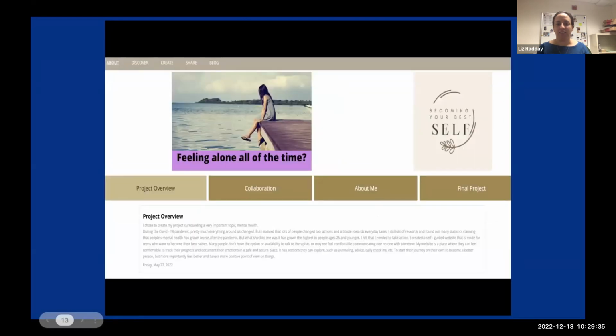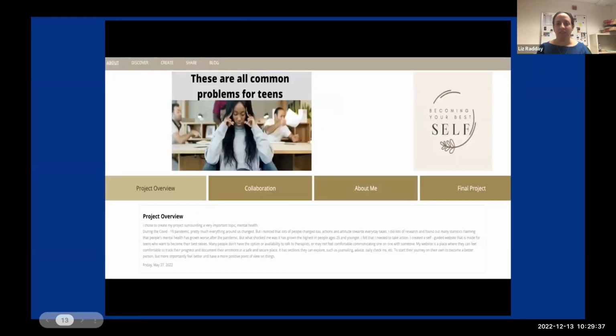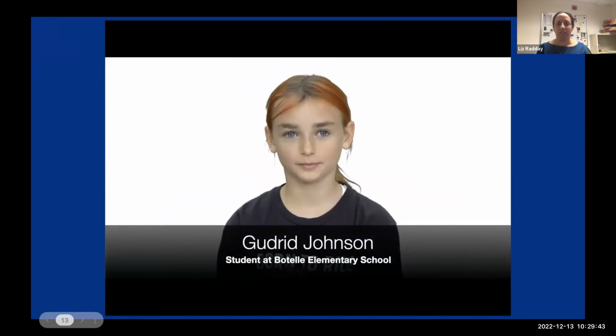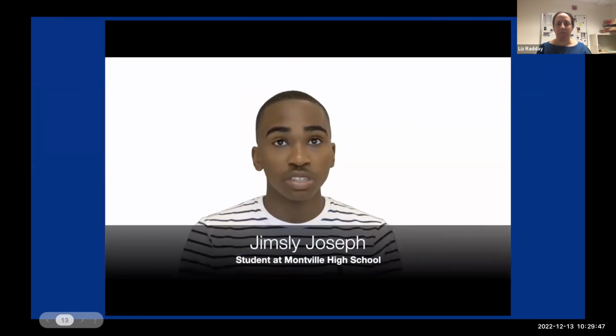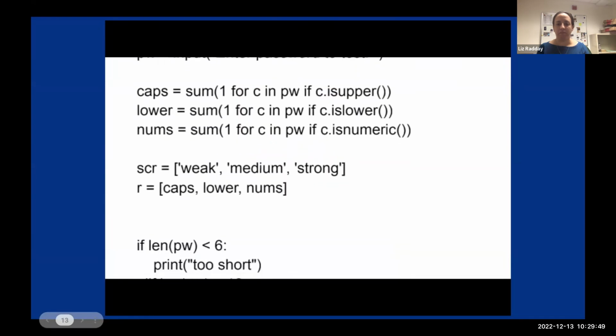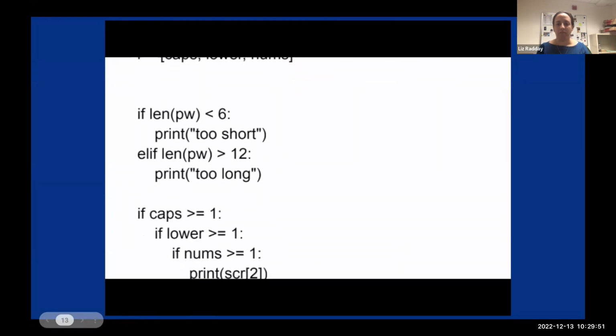I decided to make a website that would help others improve by themselves if they weren't able to get therapy or they were uncomfortable talking one-on-one with others. I made a prototype of a horse barn. I made a password analyzer, and it would check if your password was too short or too long.